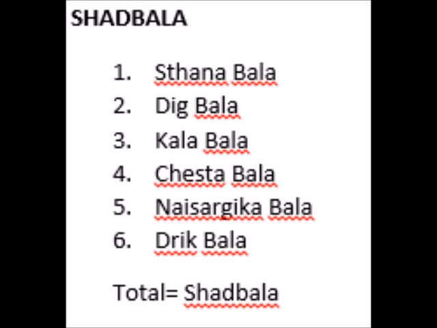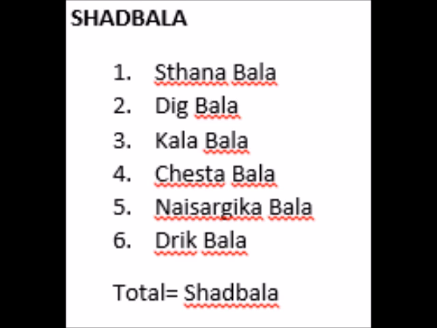It is a basis of calculating the strength of the planet based on what time the planet is placed in a birth chart. So it gains or loses points based on that.